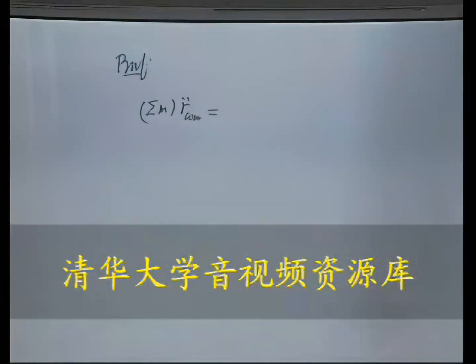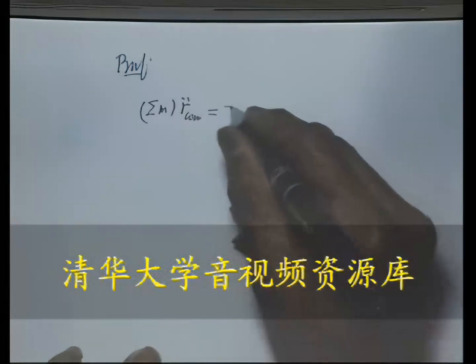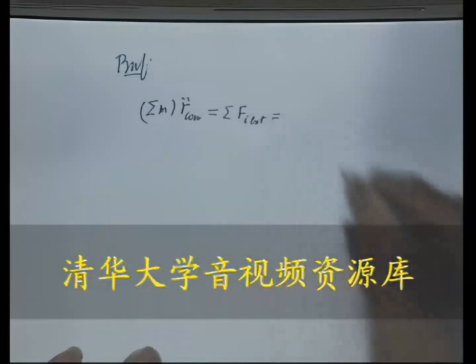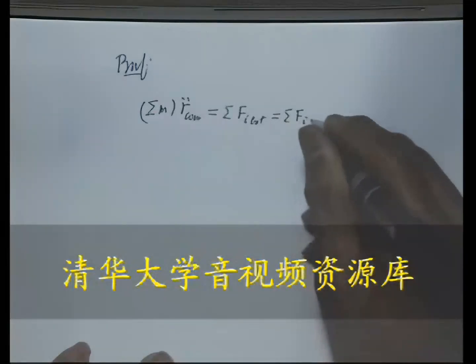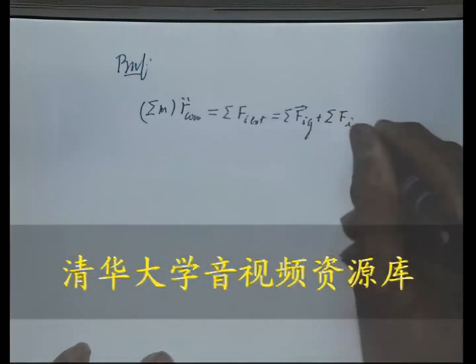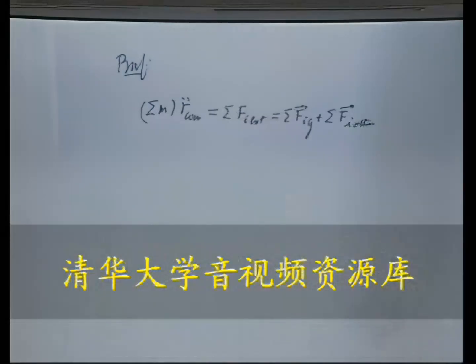We had proven that the acceleration of the center of mass is equal to the total external force. We can write down the total external force as consisting of two kinds: gravitational force and non-gravitational force.